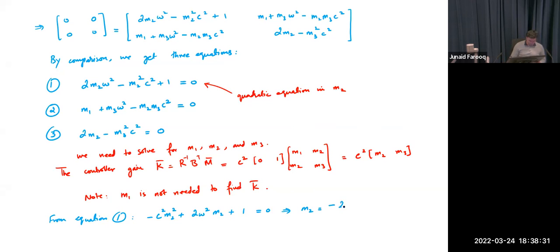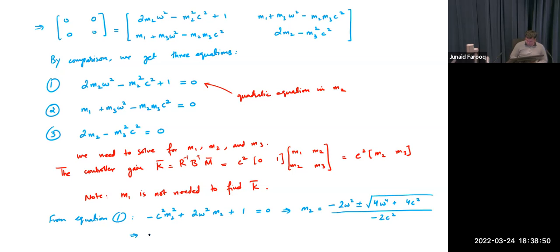So you get minus 2 omega squared plus minus square root of 4 omega 4 plus 4c squared over minus 2c squared.